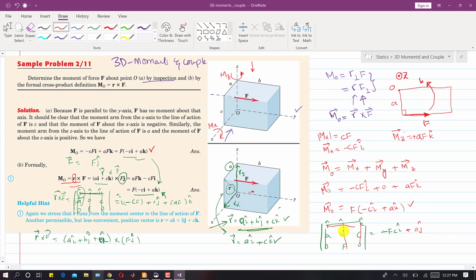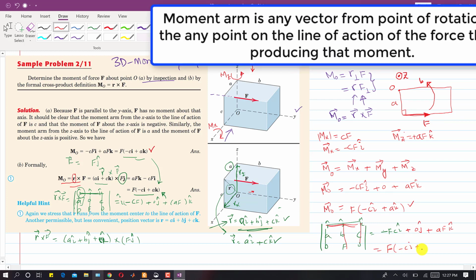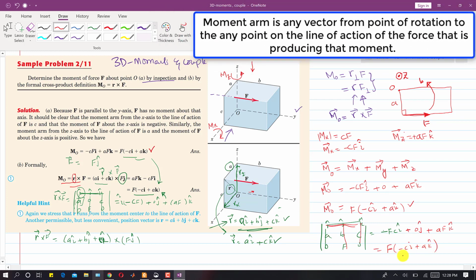Now I hide this and take the determinant, so it is A into F, so I will write AFk. If I take F common, it will be F times minus Ci plus Ak. So again that same result.